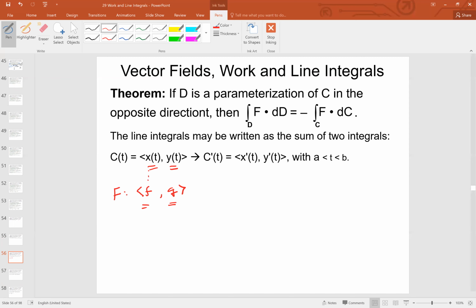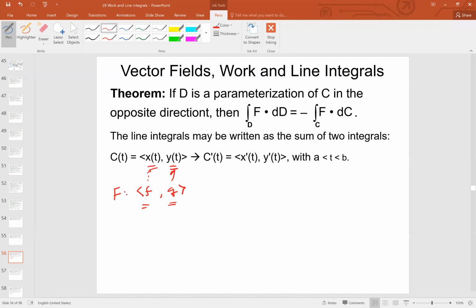The x component of the force controls the x component of the displacement, and the y component controls the y coordinates.